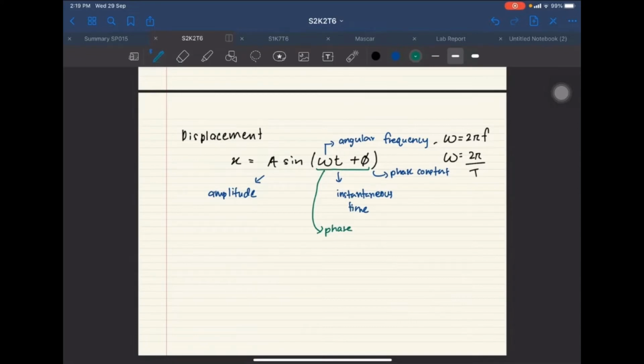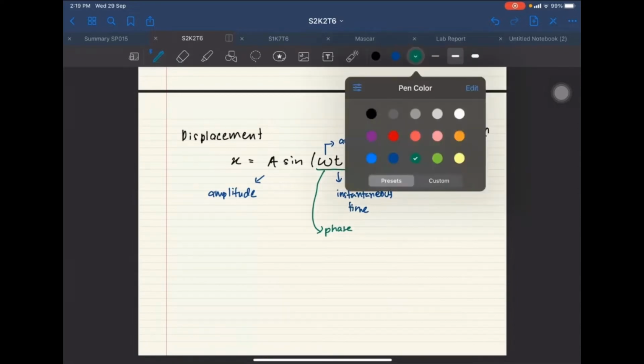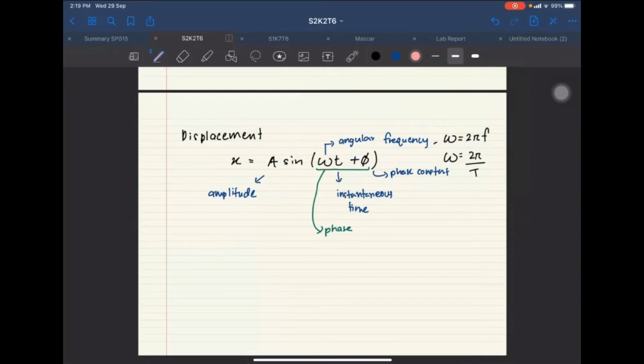Okay, and then one more important thing is actually the sign. This is the general equation, means that each one of these can change. Amplitude tu tak semestinya satu, tak semestinya dua, dia boleh berubah, ikut graph tu macam mana.